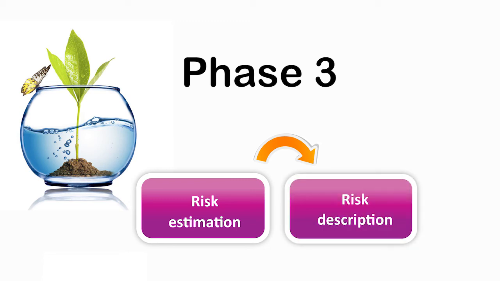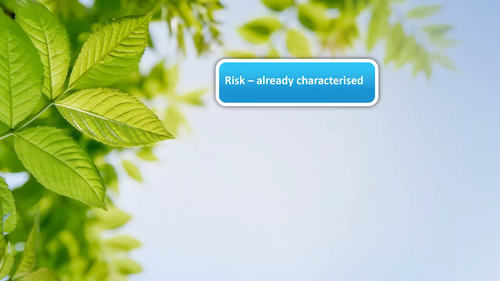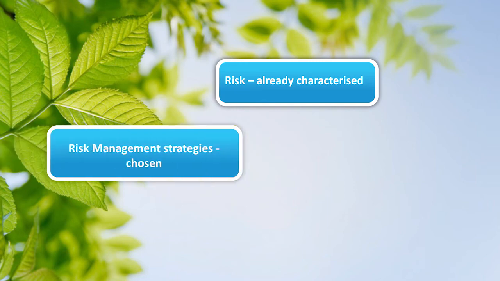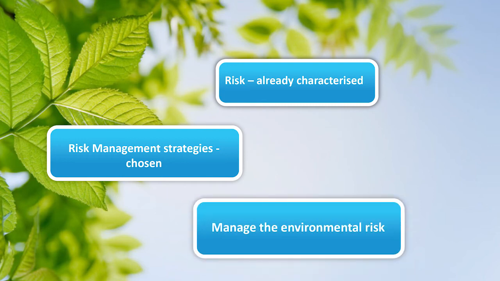The goal of risk characterization is to provide an understanding of the type and magnitude of an adverse effect that a particular chemical or emission could cause under particular circumstances. Once the risk is characterized, the risk management strategies are chosen to manage the environmental risk.